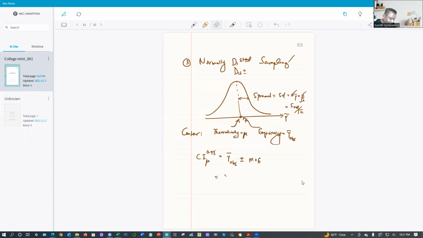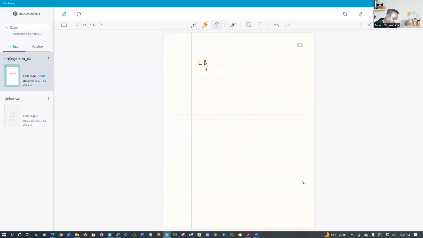That is plus or minus cc times s over square root of 10. Then we can build up the lower and upper bound separately. The lower bound of mu is y bar obs minus cc times s over square root of 10.